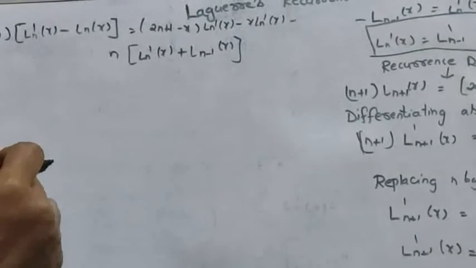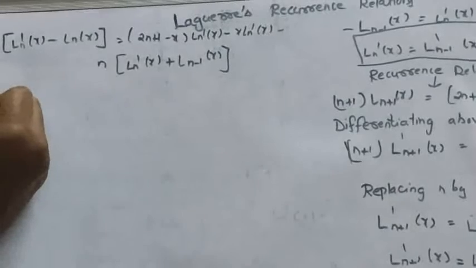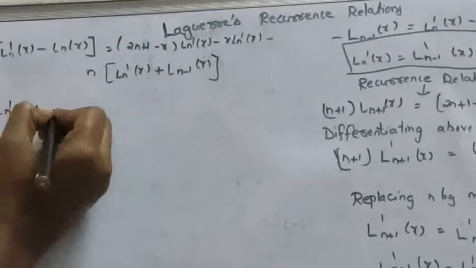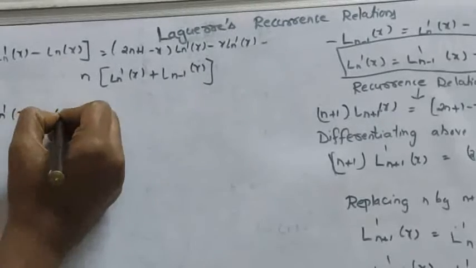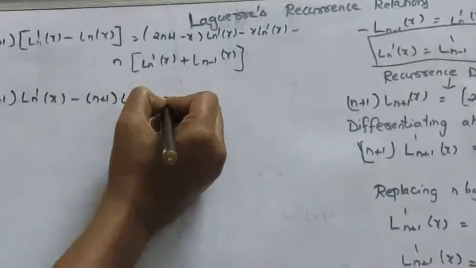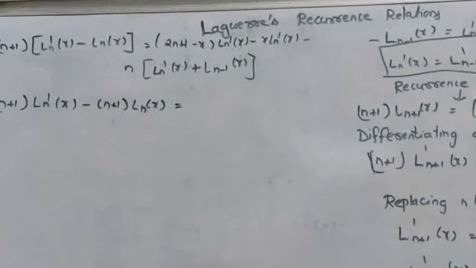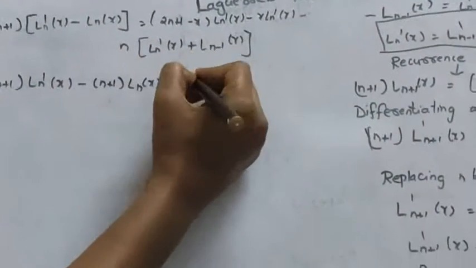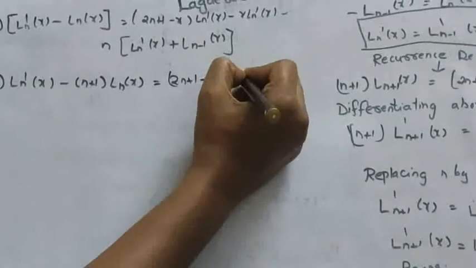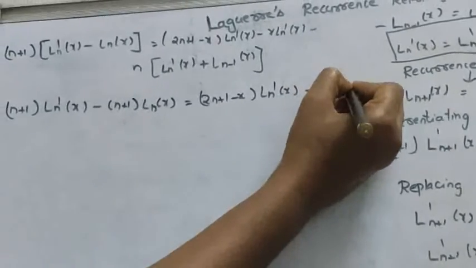Now you multiply this n plus 1 with this term and with this term. So what you will get? n plus 1 into ln dash of x, next minus n plus 1 ln of x is equal to, now 2n plus 1 minus x I have kept like that only, ln dash of x minus x ln dash of x.